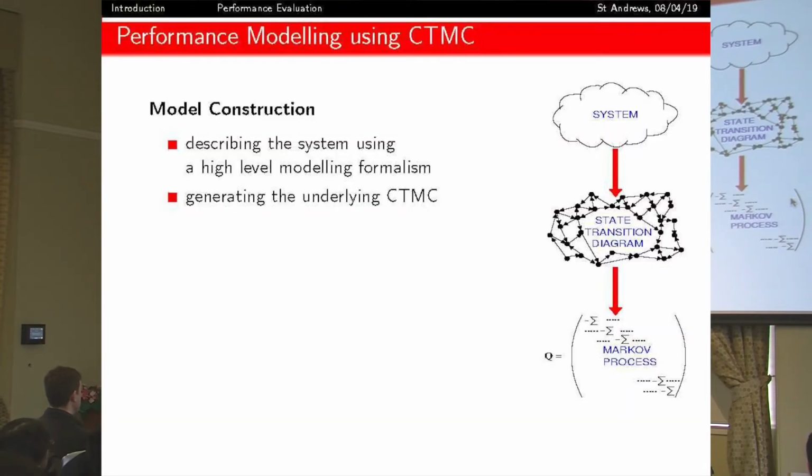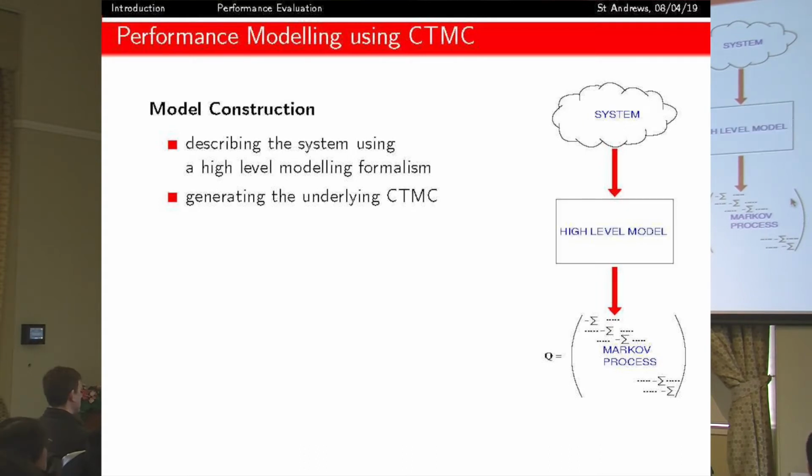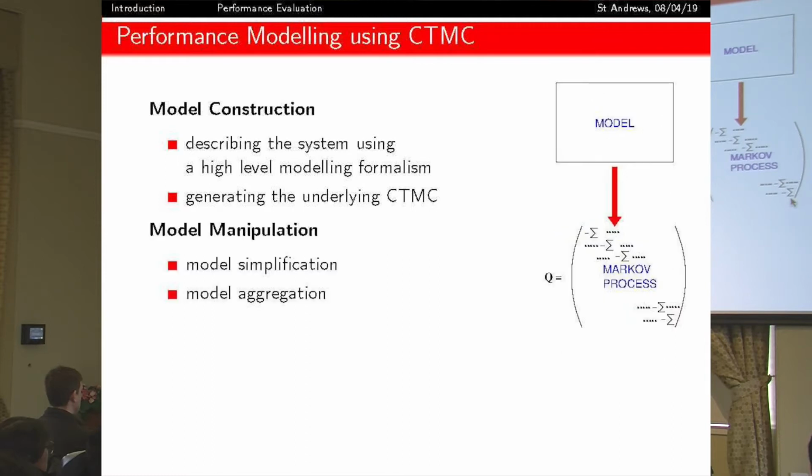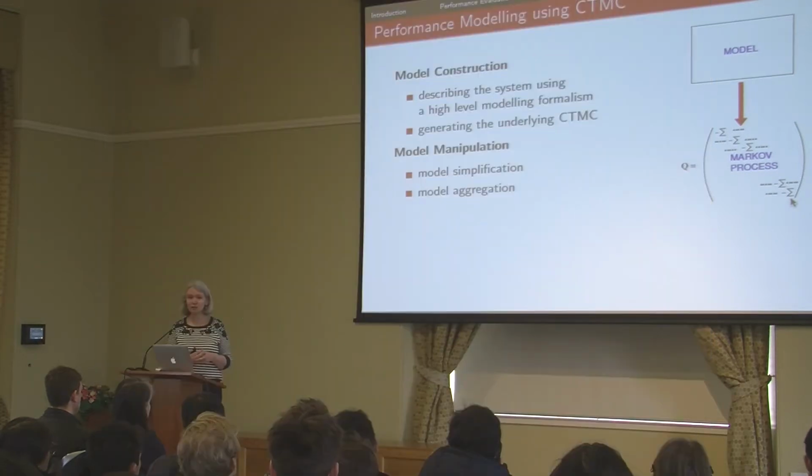So if we think of doing performance modelling, there are several steps. We have the model construction, and I've said high-level formalisms can really help us with that, and we generate the underlying Markov chain. Quite often, even when we do that, the matrix is too big. Okay, so current state-of-the-art tools can cope with up to about 10 million states. So that's a 10 million by 10 million matrix. Of course, we use sparse representations and other compact representations to get to that scale, but that's often not big enough for the systems we're interested in.